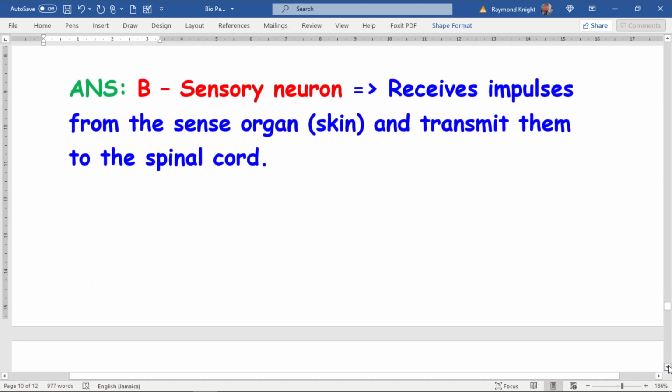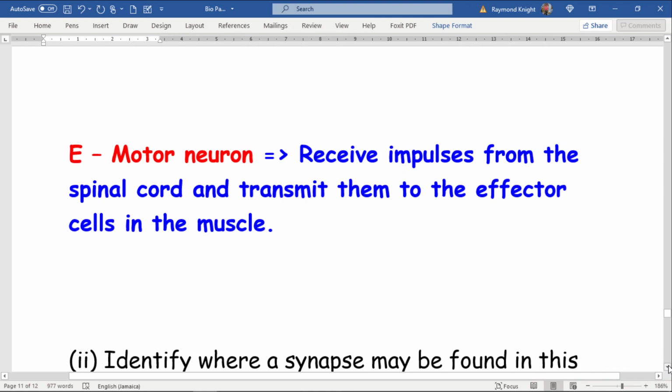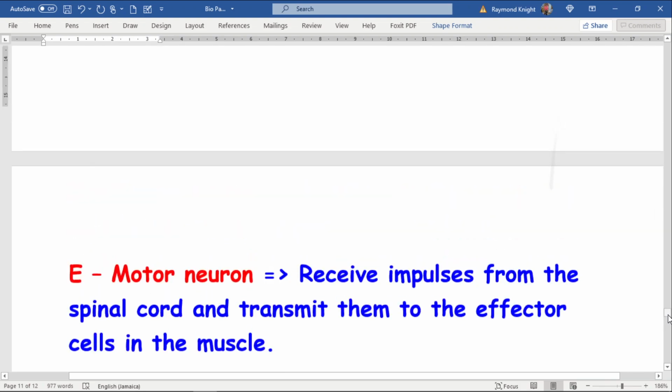Now structure E is the motor neuron, and the motor neuron receives impulses from the spinal cord, all right, and transmits them to the effector cells in the muscle to bring about the action. I refer to the spinal cord because all 3 neurons meet in the spinal cord. So that's something for you to point out as well as to remember.